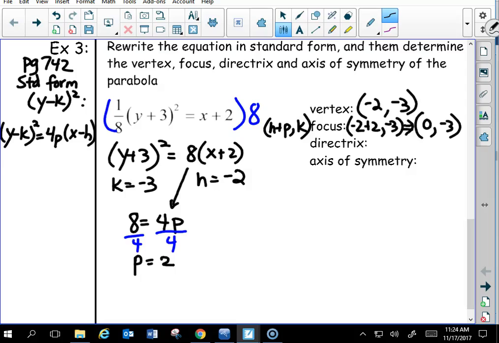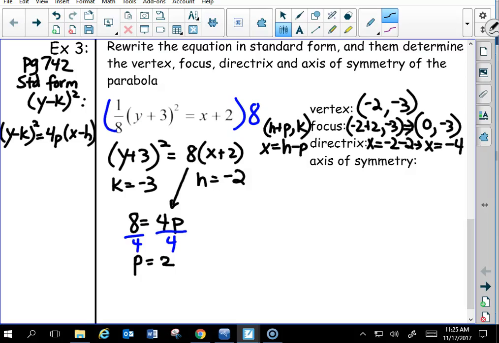Okay, the directrix also has to do with our transformations and p. So it's oriented on the equation x equals h minus p. All right, so x equals h is -2, and p is +2, which gives x equals -4.